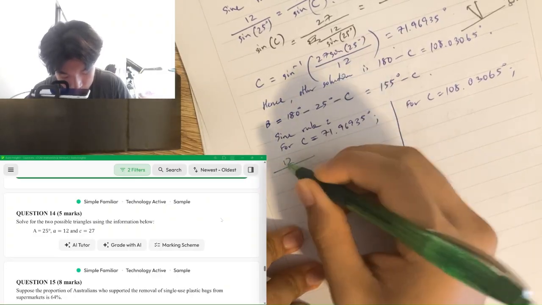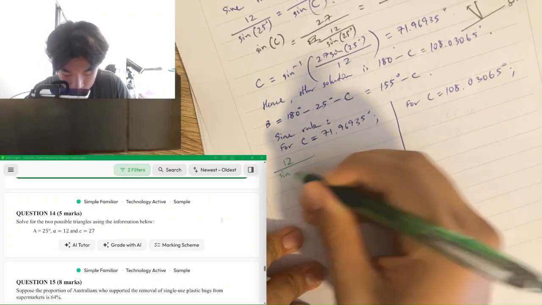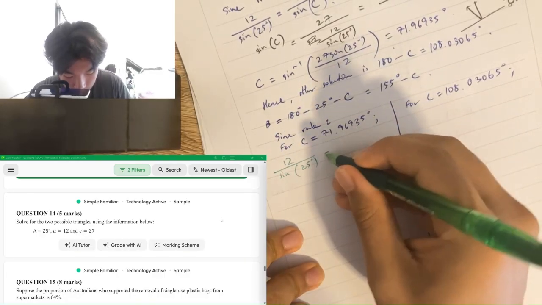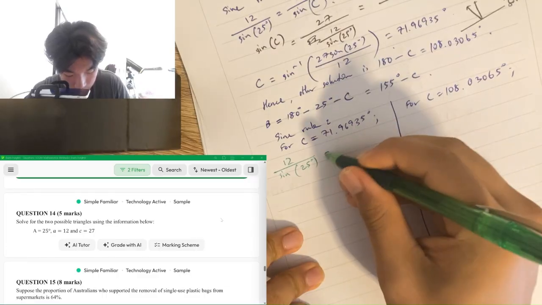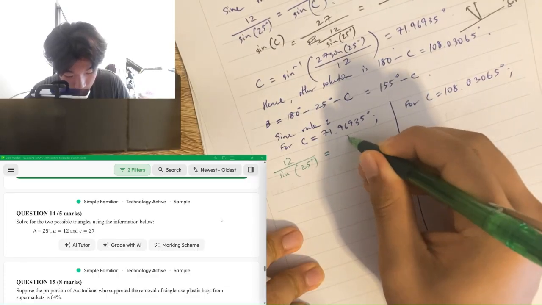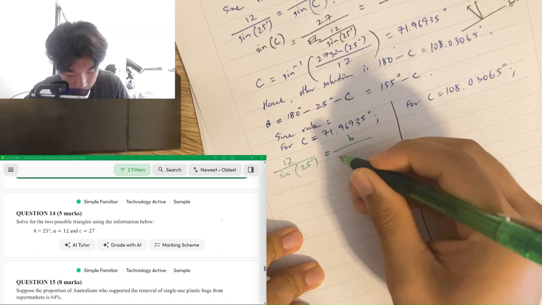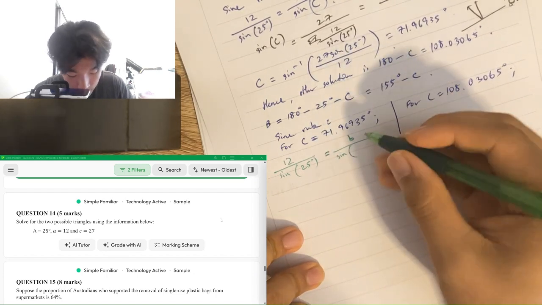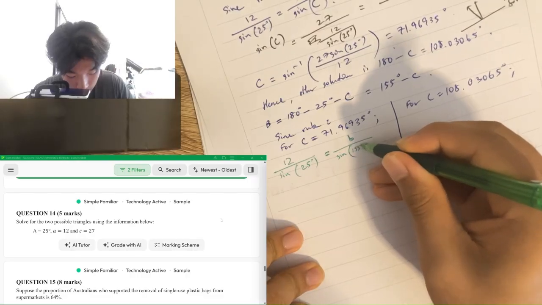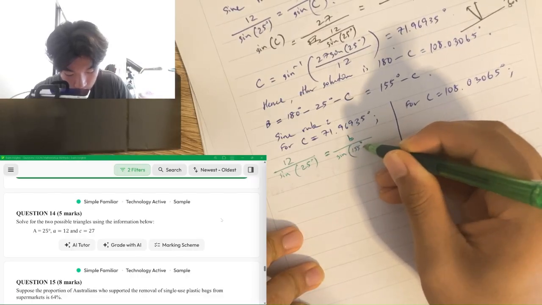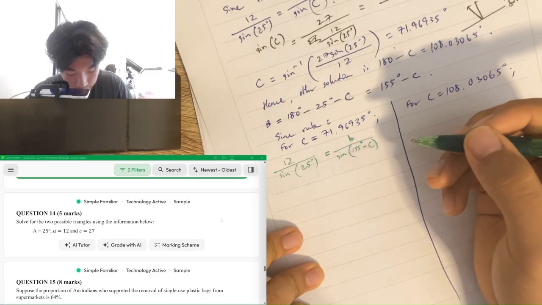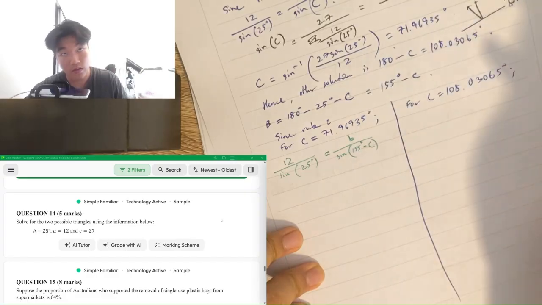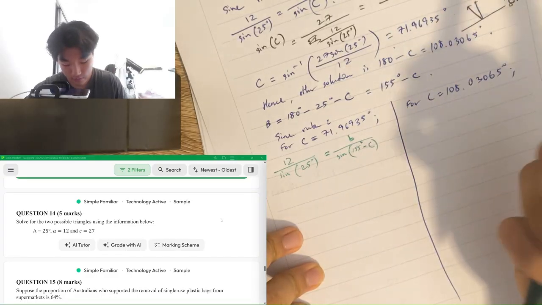Again, side length of A divided by sine of the angle A, and then B over sine of the angle B, which in this case is 155 degrees minus C. Oh, wait, we can just keep it like that, actually.